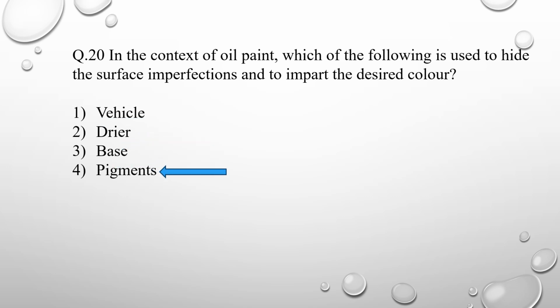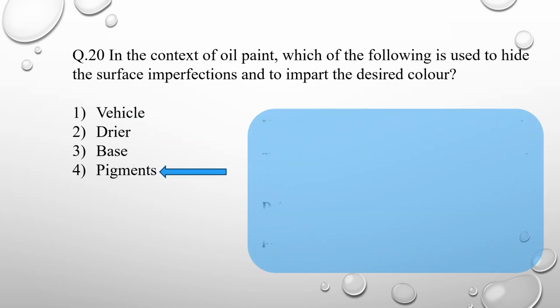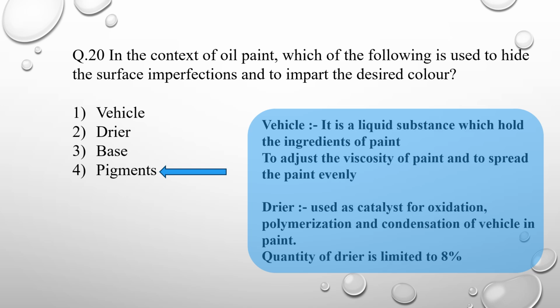So the answer to this question is pigments. The remaining options need to be discussed here. First is vehicle. A vehicle is a liquid substance which holds the ingredients of paint and adjusts the viscosity of paint to spread it evenly. Next is dryer, which is used as a catalyst for oxidation, polymerization and condensation.